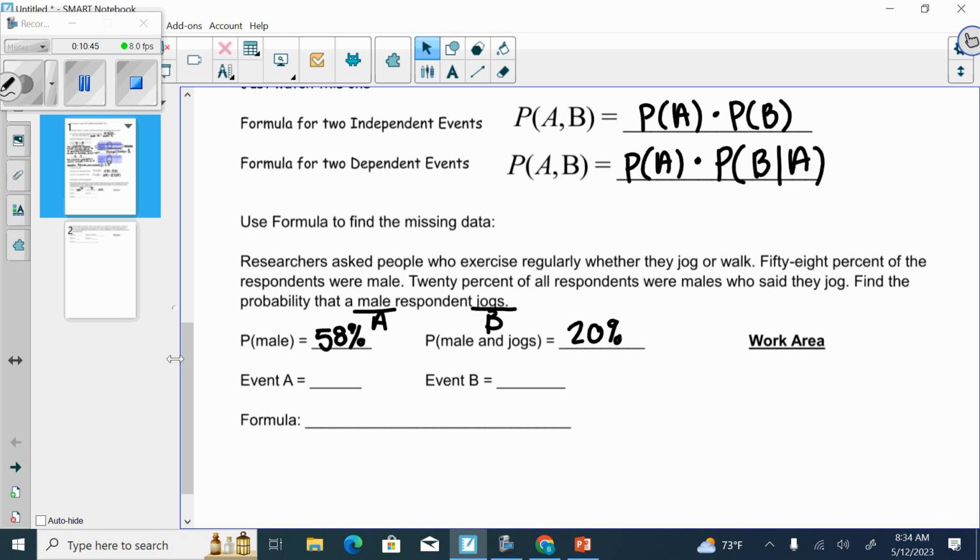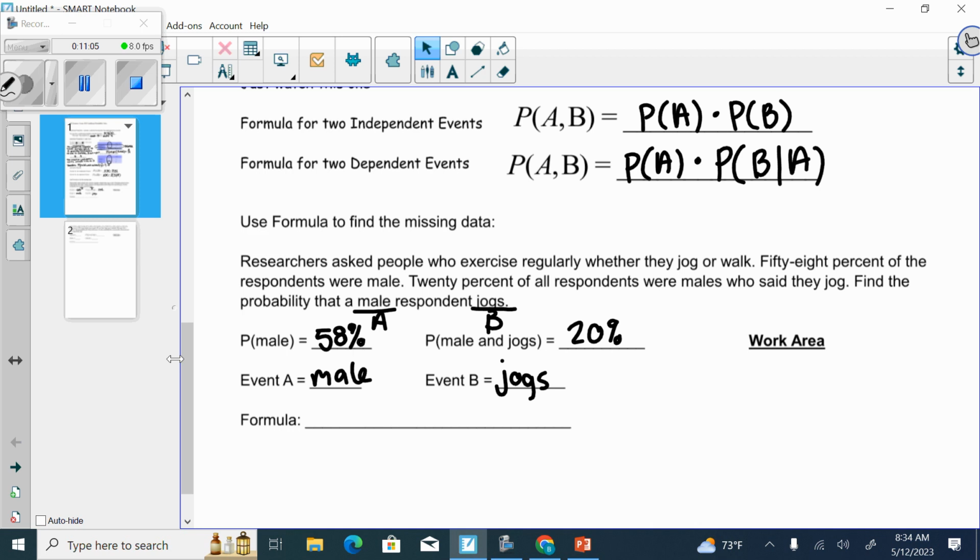So that would mean our event A would be that they are a male, and our event B would be that they jog. We're trying to figure out just the fact that it's someone who jogs and is male.